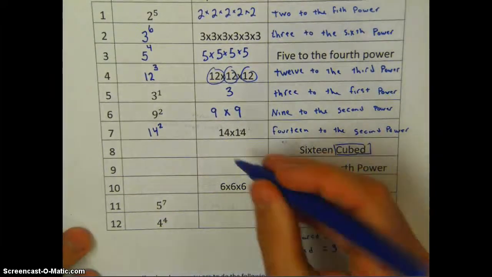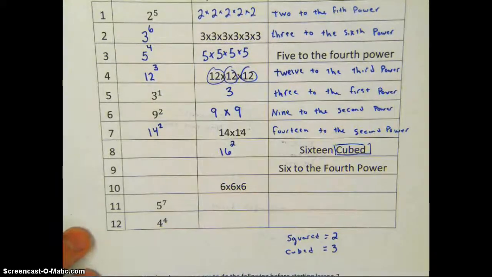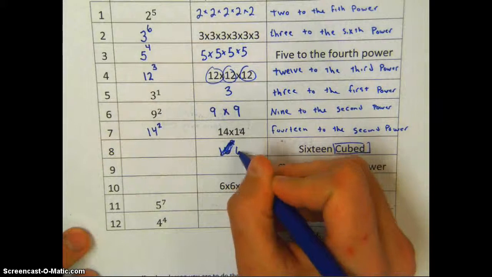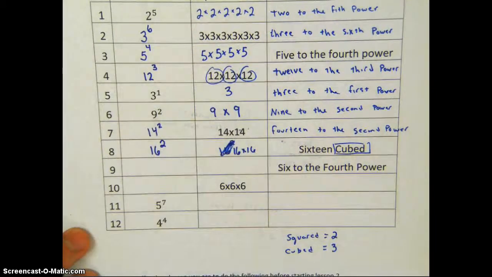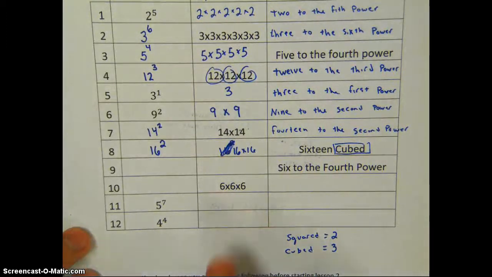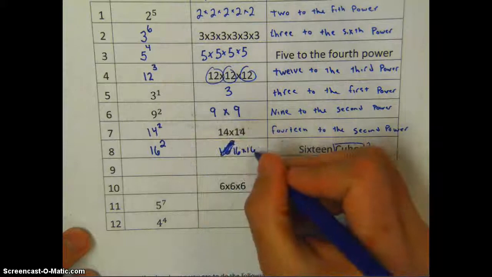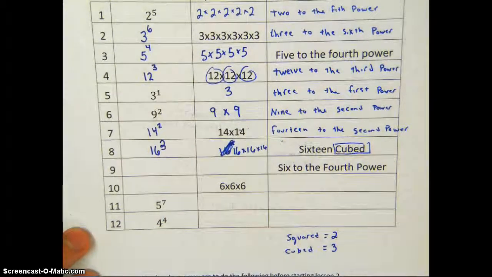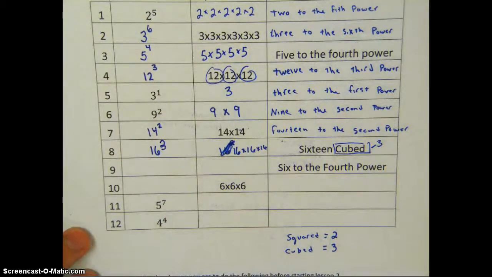So cubed means 3. 16 squared, written in exponential terms, is 16 times 16. If it was squared, I would have written it twice. My mistake.